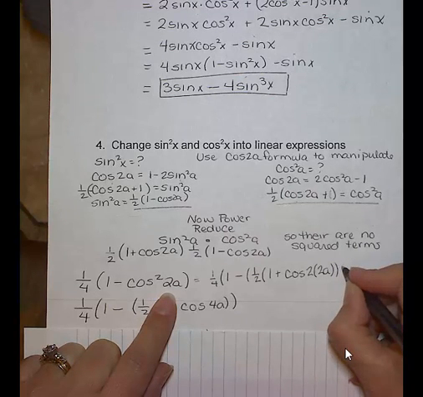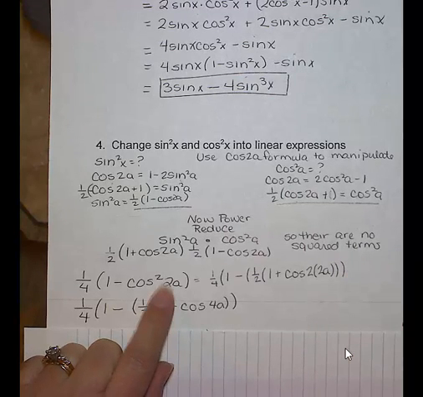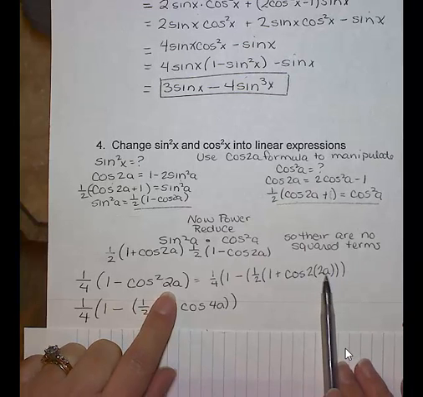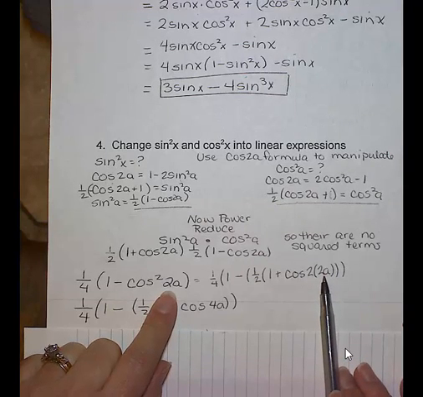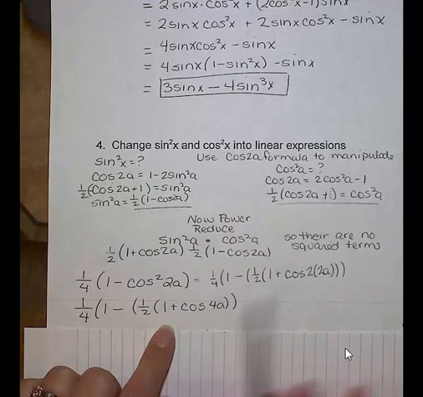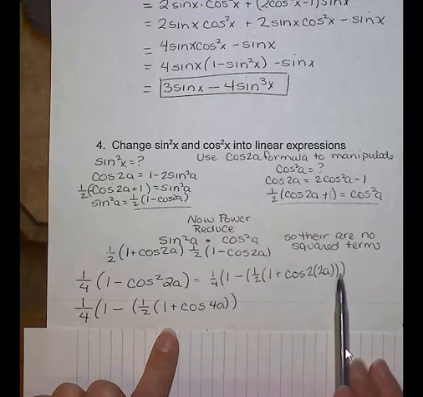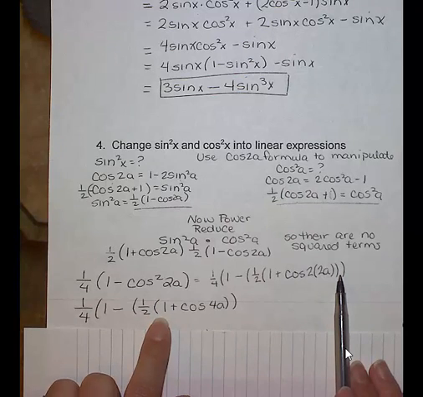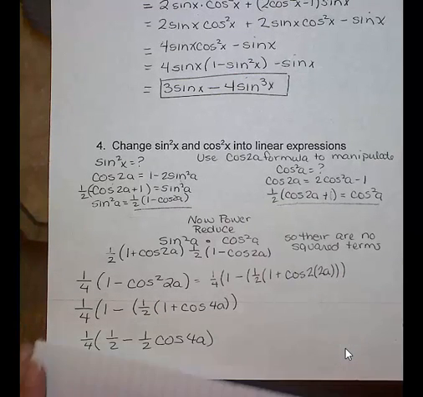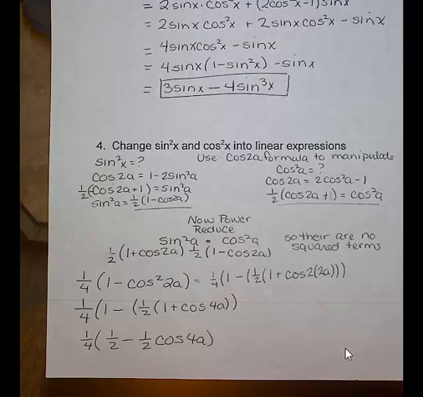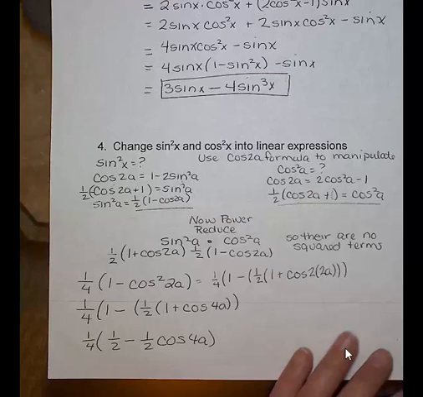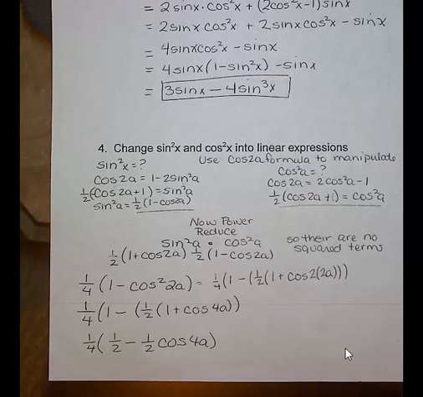Get all my parentheses in there. So whatever the angle is, you can still put it in the formula, but just make sure it doesn't always have to be x or a. So that will give us the cosine of 4a there. So now we can just distribute that 1/4 through, or that 1/2 through, and we can get this or some version of that. There's no more square terms, so it is now a linear expression. It has been power reduced.